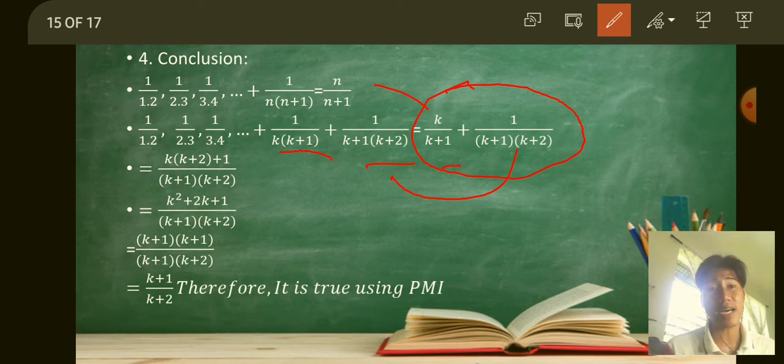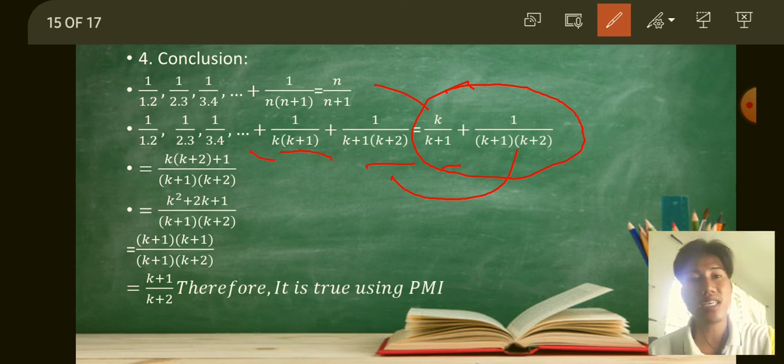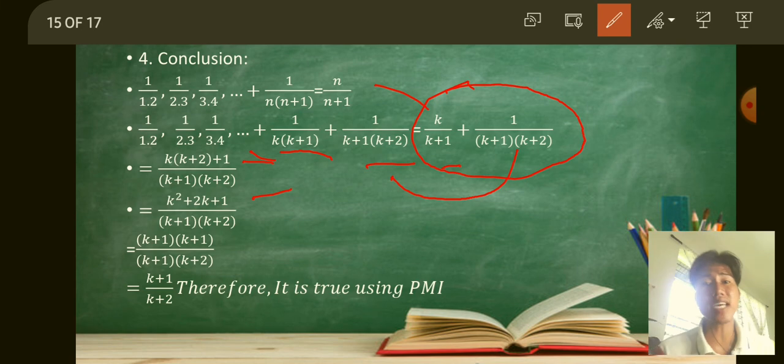So we simplify that one: k times k plus 2 plus 1 over k plus 1 times k plus 2. Here, k times k is k squared, and k times 2 is 2k, plus 1, over k plus 1 times k plus 2. So factor this one: it becomes k plus 1 times k plus 1 over k plus 1 times k plus 2.